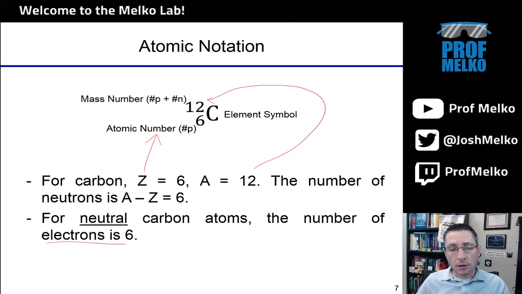Okay, so as long as the atom is neutral, the positive charges, right, protons are the positive charges, must equal the negative charges if it's a neutral atom. So if we see that this carbon atom has 6 protons, then we automatically know there's 6 electrons if it's neutral.